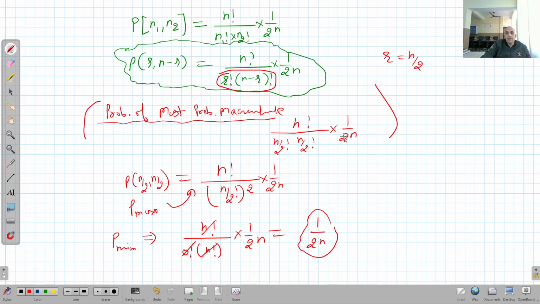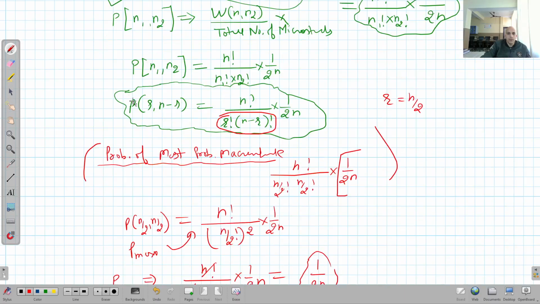Obviously it will be because this factor cannot be altered. If we look at this formula for the distribution, then it is clear that this factor is constant. We can alter this term only, right? So this value will become minimum when this entire value will become either 0 or 1. 0 would give probability 0, so that case is not considered.